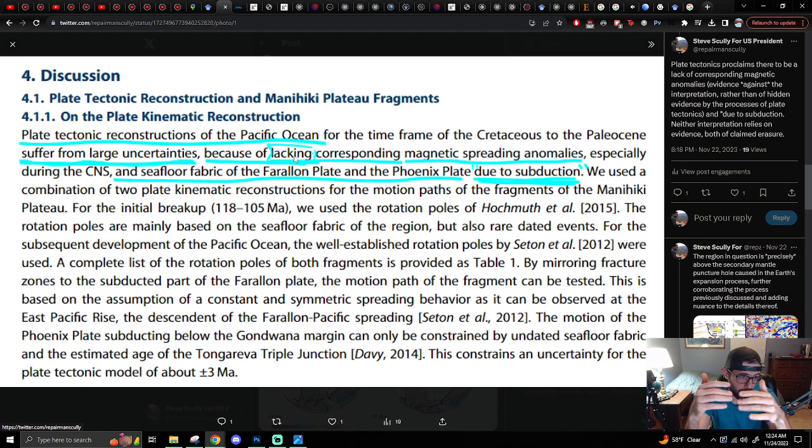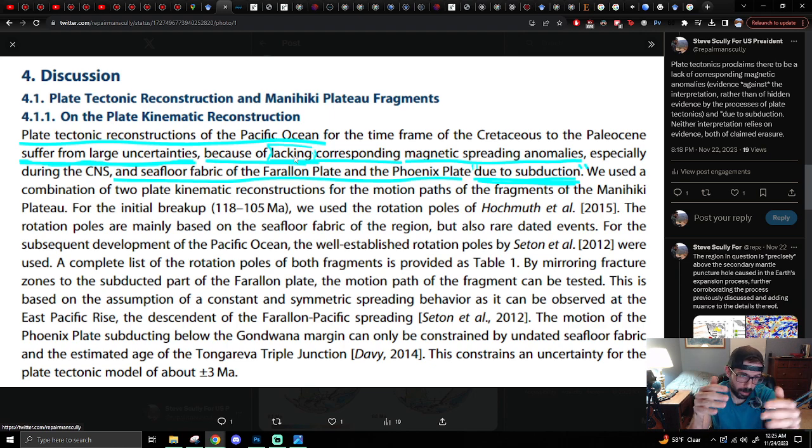The plates moved and brought this there because it's there. We don't know why there's a lack of corresponding magnetic spreading anomalies. There just is. And we're going to maintain plate tectonics because we're not considering Earth expansion. But the lack of the data kind of points to the interpretation being in an invalid framework, where Earth expansion doesn't have this problem because it basically was there the whole time, and then the Earth expanded.